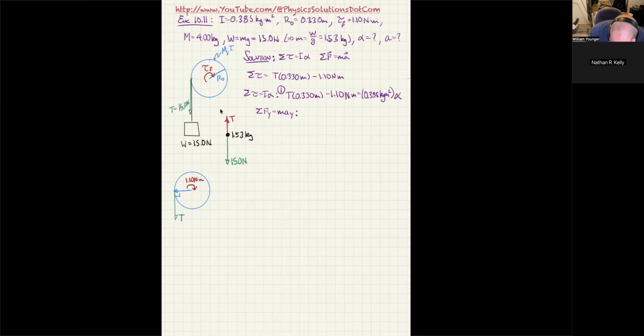So with that being said, I see that the force acting in the positive direction is 15.0 newtons, and then the force acting in the negative direction is T, and that's all equal to 1.53 kilograms times A, and we'll call that equation 2.